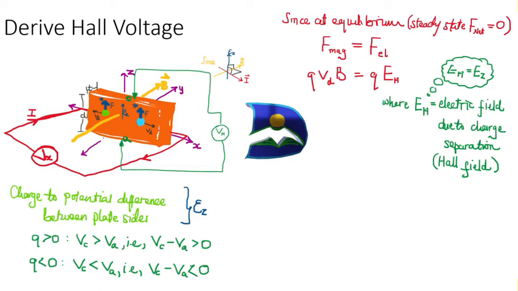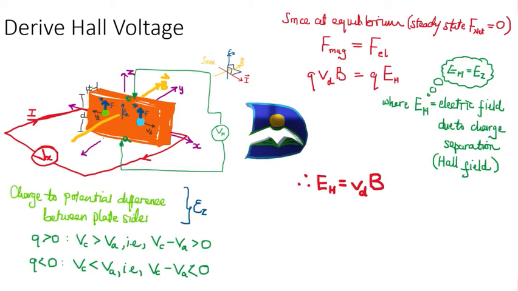And this electrical field, due to the charge separation, if you solve for it in this particular expression, the quantity of charge cancels out, which means that the Hall's field, in this case the electrical field, is independent of the quantity of charge. Therefore, this here is equal to the drift velocity multiplied by the magnetic field.